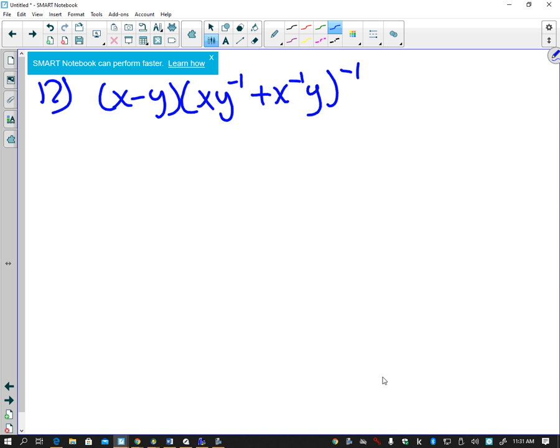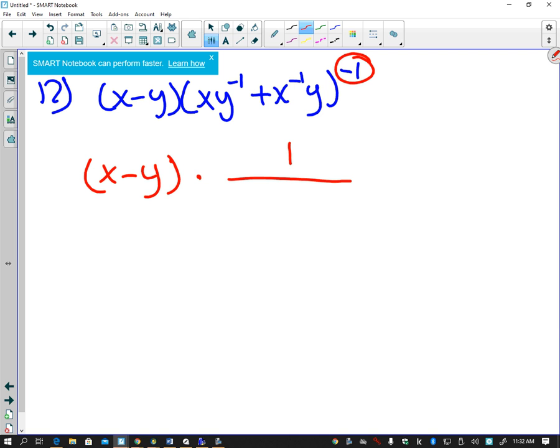Okay, so what we're going to do with this is we're going to notice first this -1. Whenever I have a -1 exponent, that allows me to drop everything below a division bar. So what I end up with is x minus y times the fraction 1 over.